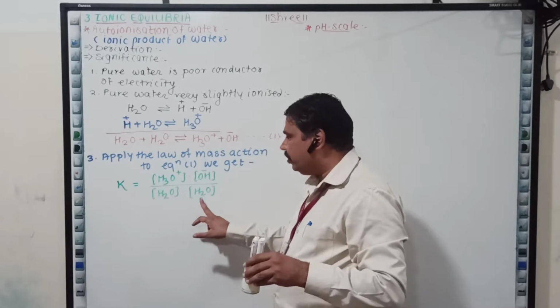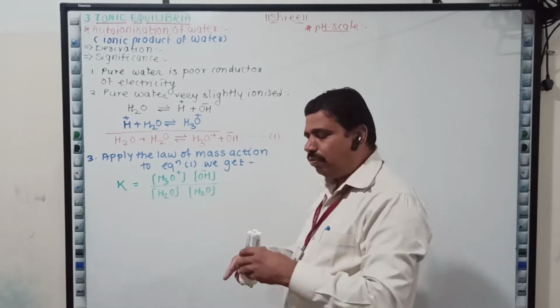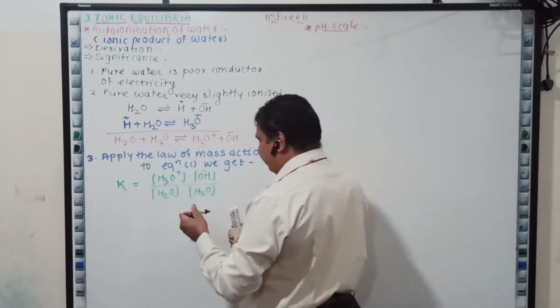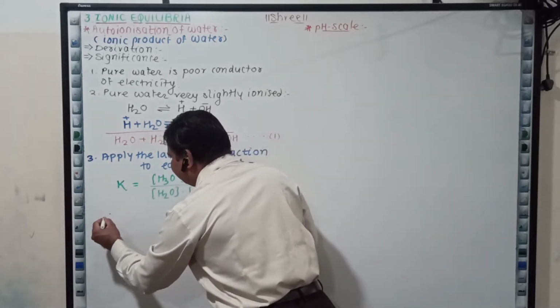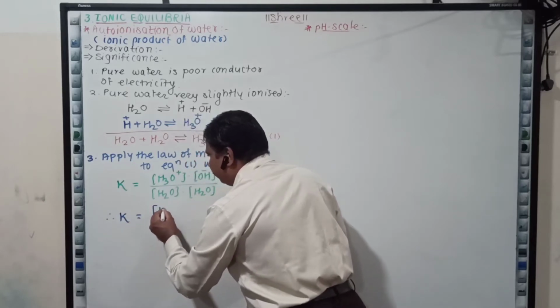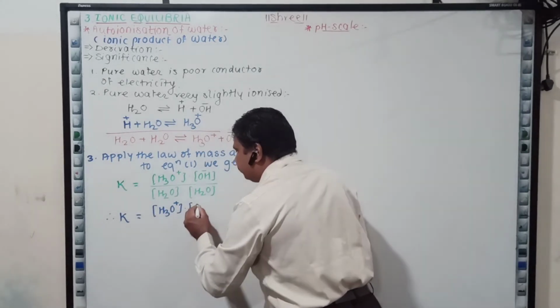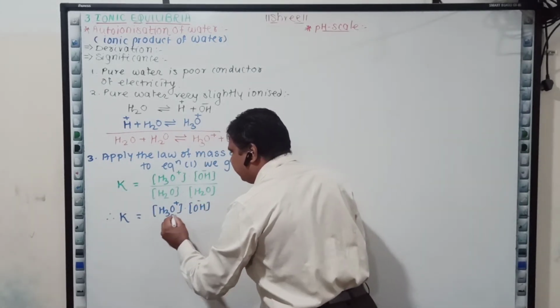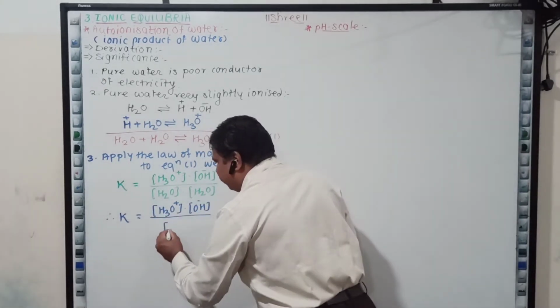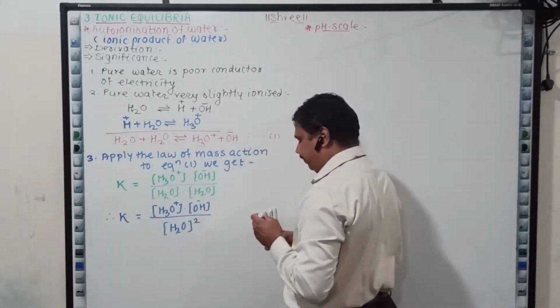Concentration of H2O into concentration of H2O is nothing but concentration of H2O square. Therefore, dissociation constant K is equal to concentration of H3O plus into concentration of OH minus upon concentration of H2O square.